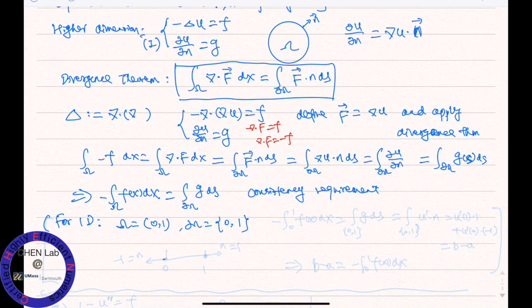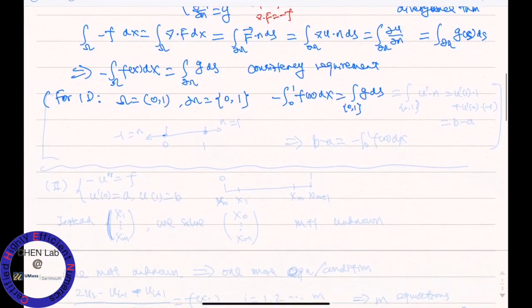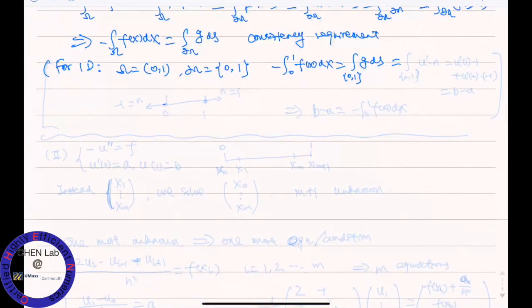So we integrate from 0 to 1 of f(x) dx, and this should be equal to the integral of the condition g ds over the boundary, just the 2 points 0 and 1. That's gradient u dot n, remember? So we have u prime dot n.